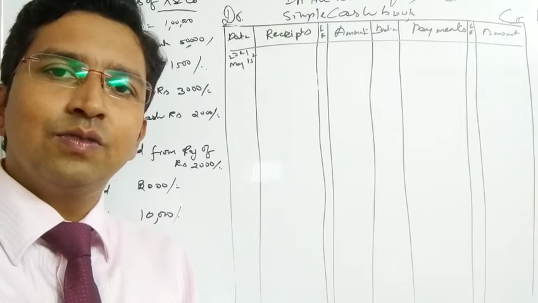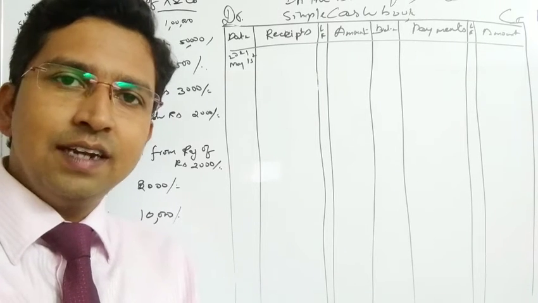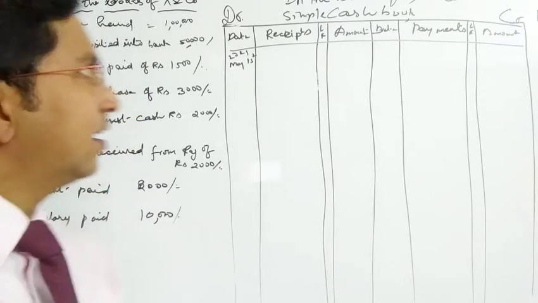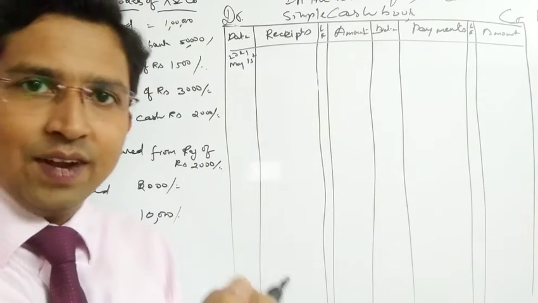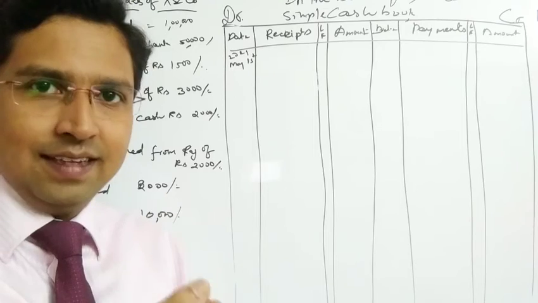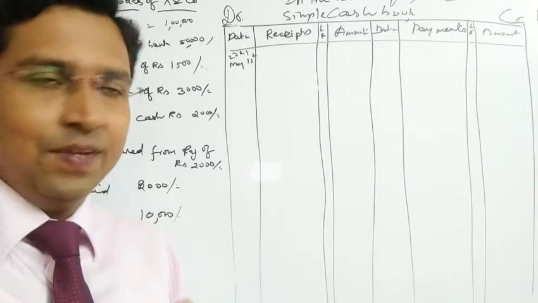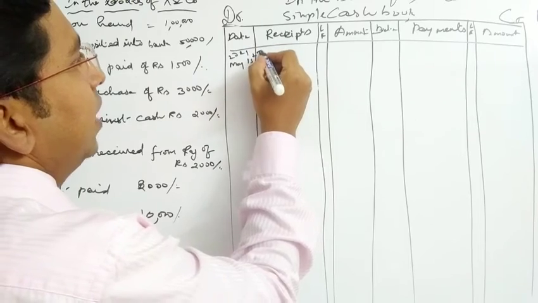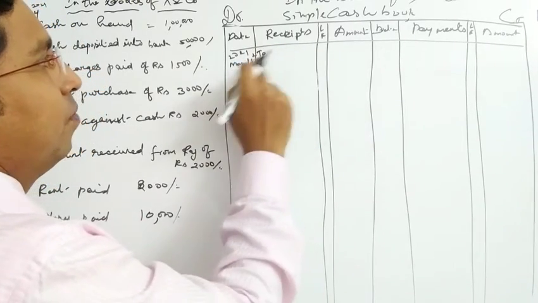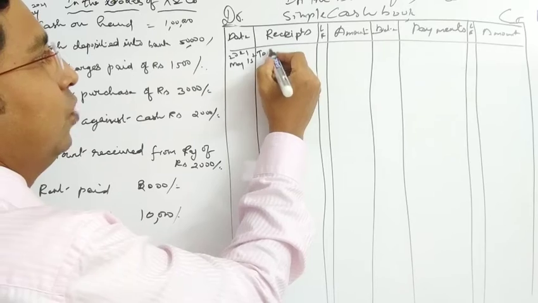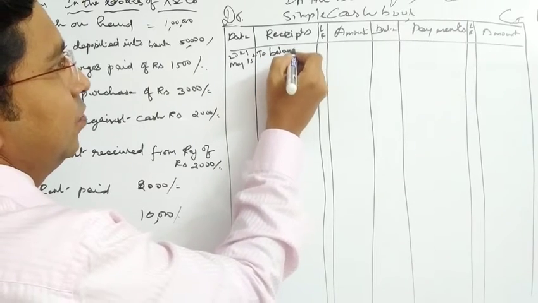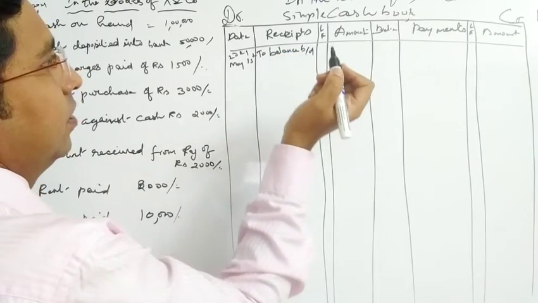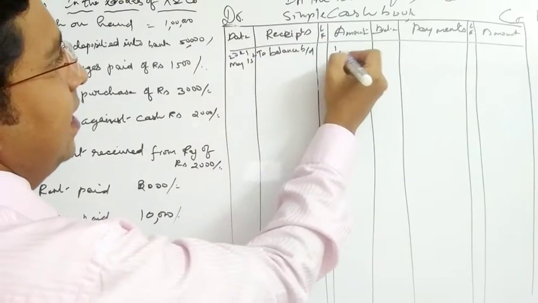According to the real account rule, debit what comes in and credit what goes out. Here the cash is with us physically, so we have to debit it, starting with the keyword To balance brought down. The amount is 1 lakh.